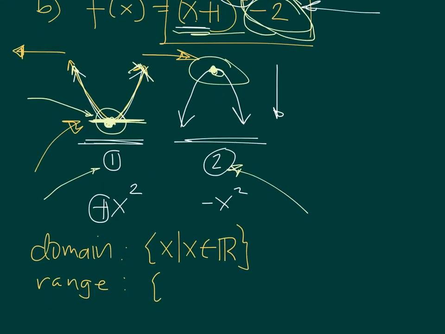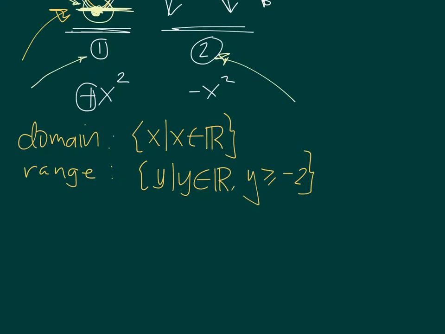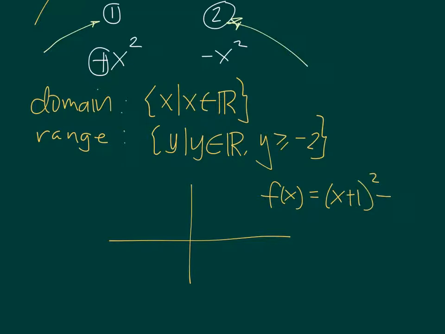So the range should be y, an element of the set of real numbers, but y should be greater than or equal to -2. And if you want a precise reason why this is greater than or equal to -2, I hope you remember how to graph a quadratic equation of this form.